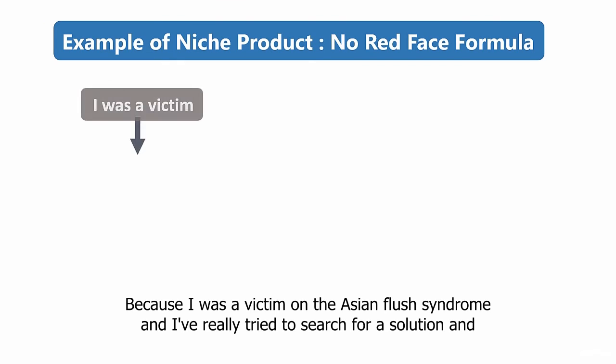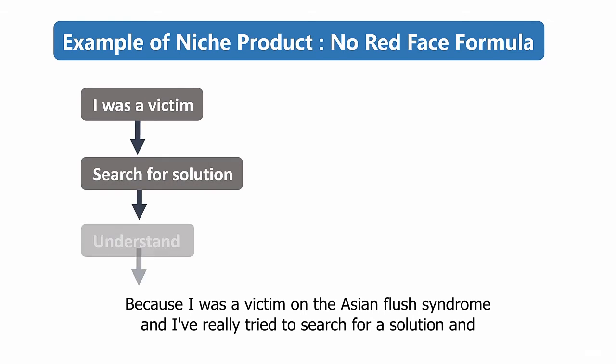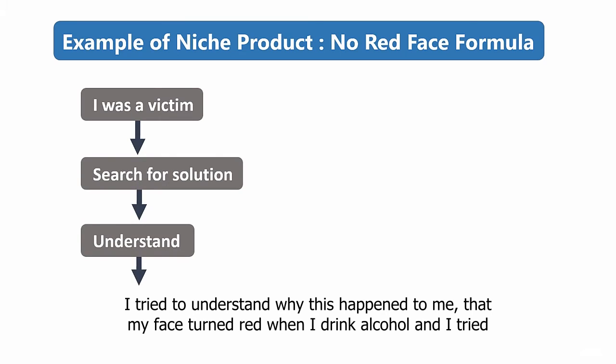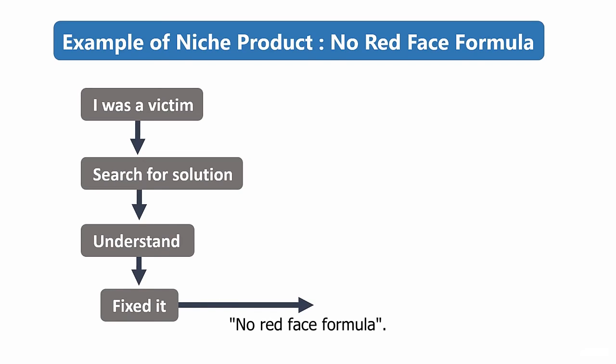So how should I know that? Because I was a victim of the Asian flush syndrome, and I really tried to search for a solution, and I tried to understand why this happens to me, that my face turned red when I drink alcohol, and I really tried to fix it with this no red face formula.